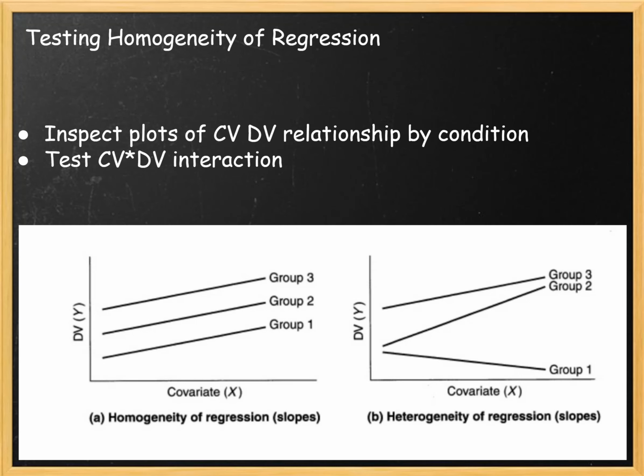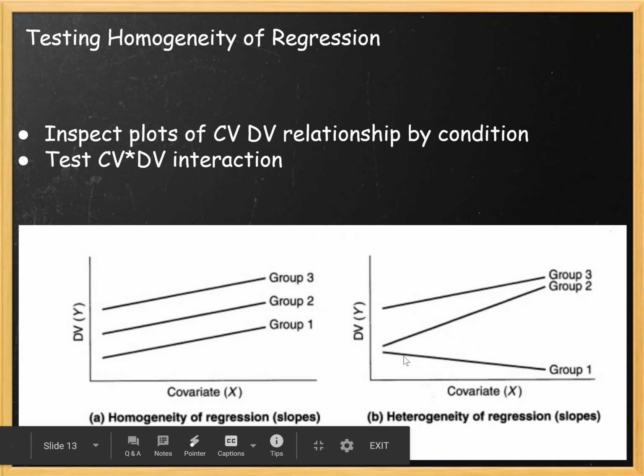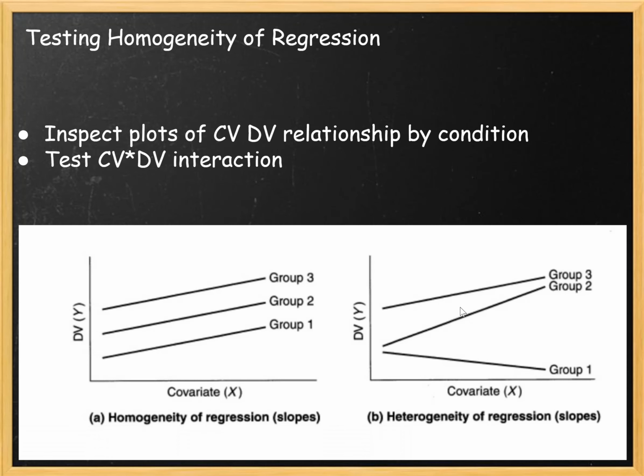On the left here we see an ideal situation where the relationship between the covariate and the DV, the slope, is the same across these three groups. And then on the right hand side we have a problem because there is at least one condition where the relationship between the covariate and the DV is dissimilar from the other groups.